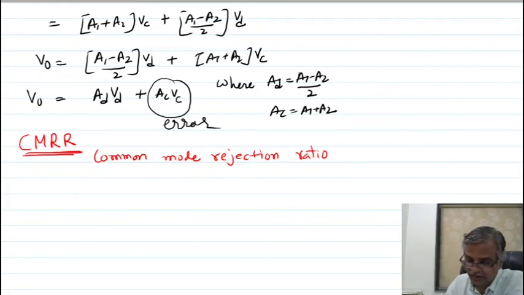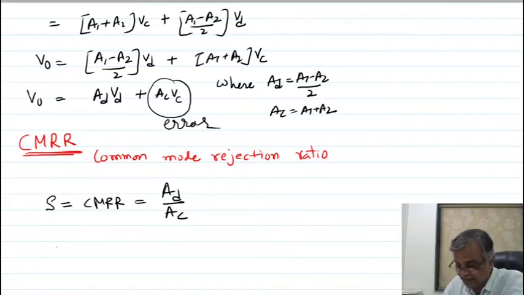It is given by rho. It is a ratio of AD by AC.